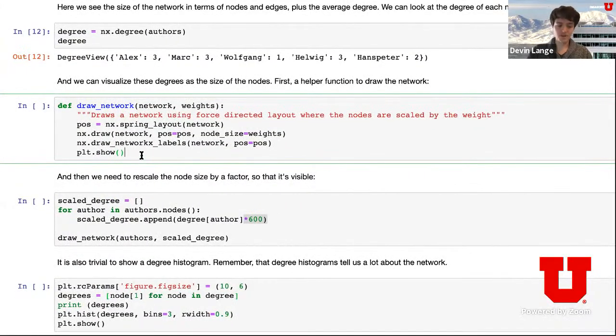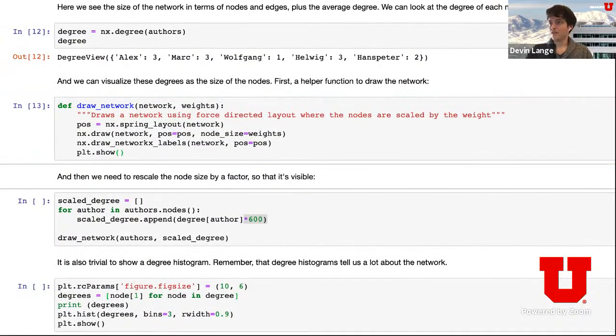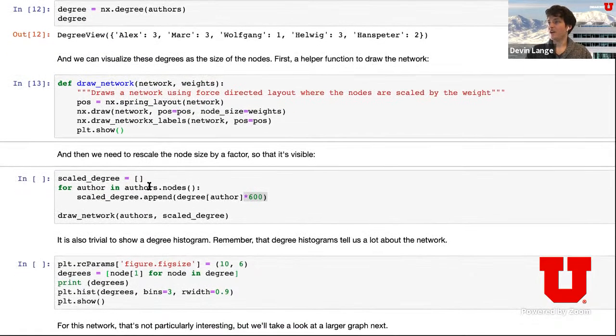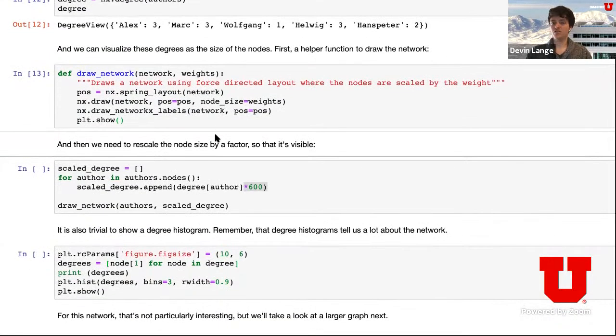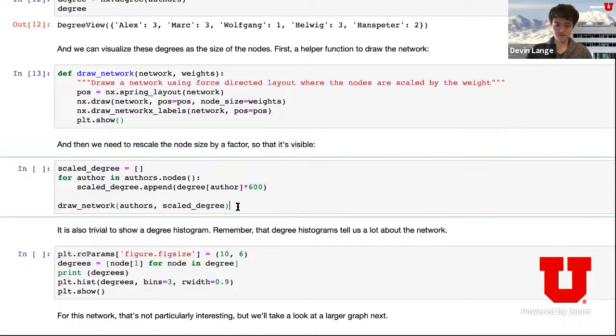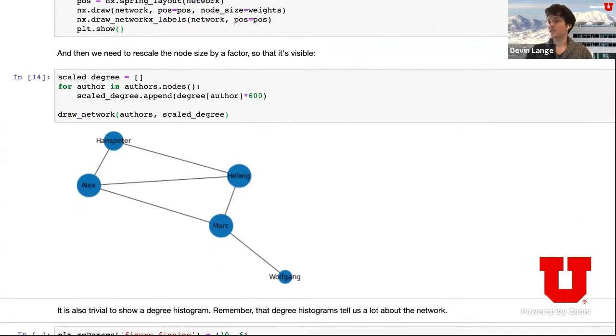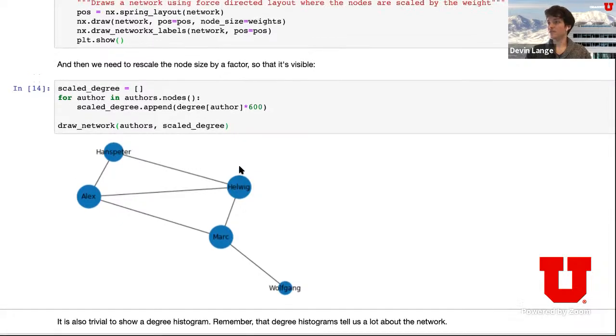Coming up, we're going to be plotting these with this draw network function, which we're going to use here. The advantage of this is that we are going to pass in weights so we can scale those nodes. So similar to what we were seeing in the slides, here we can scale the circle based on the degree.